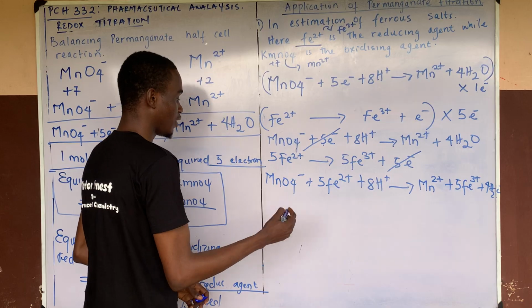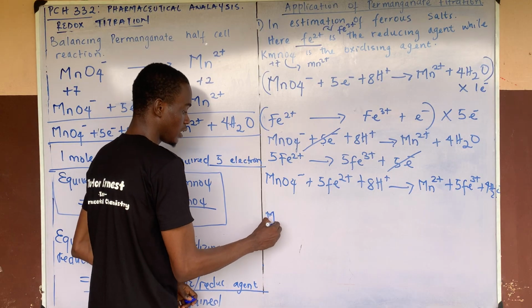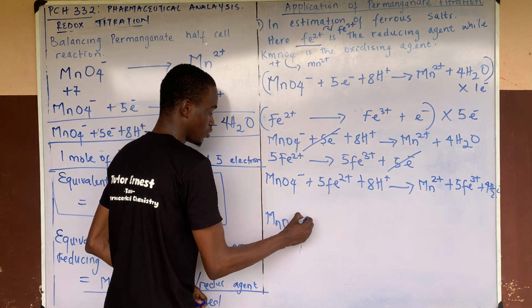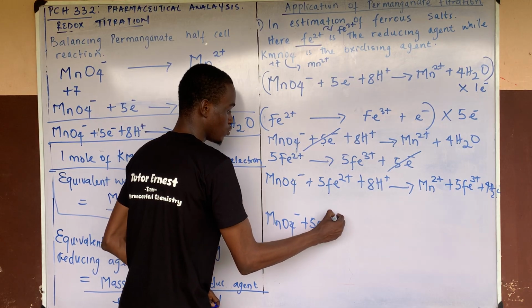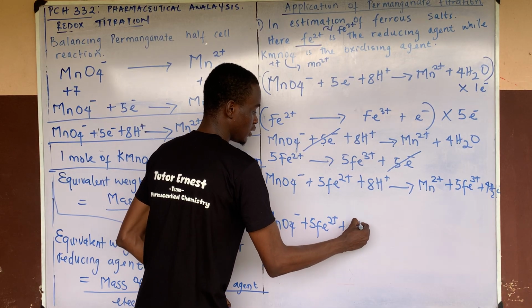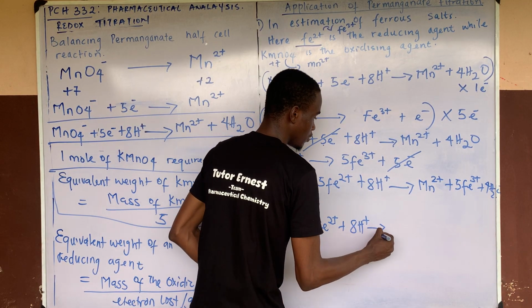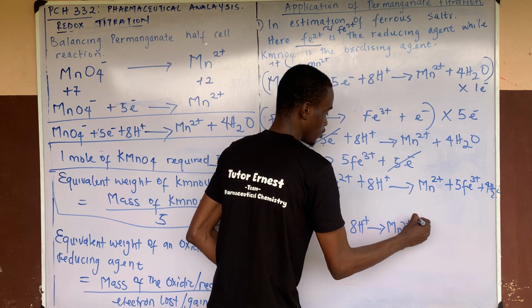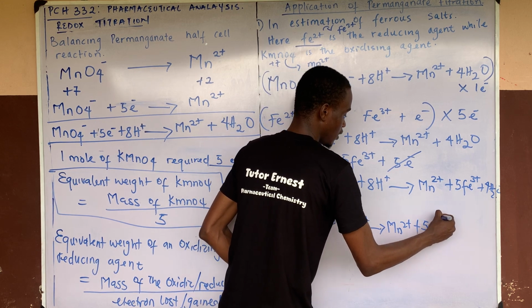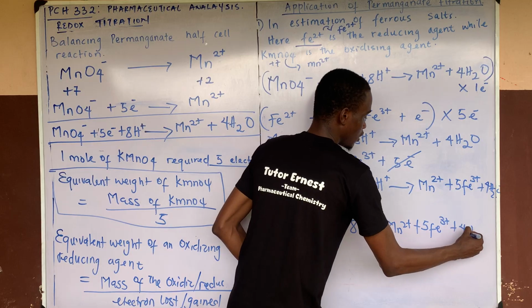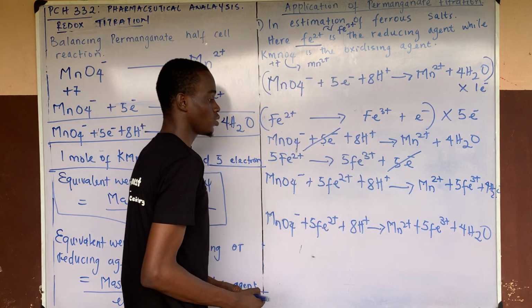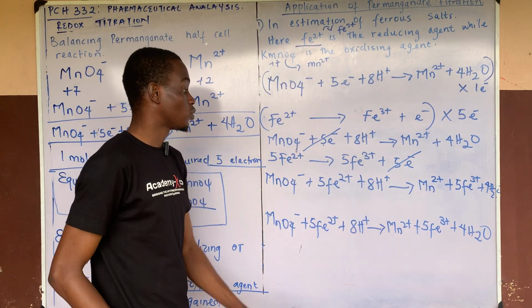So the final reaction is MnO4- + 5Fe2+ + 8H+ gives Mn2+ + 5Fe3+ + 4H2O. So this is the final end product of the reaction.